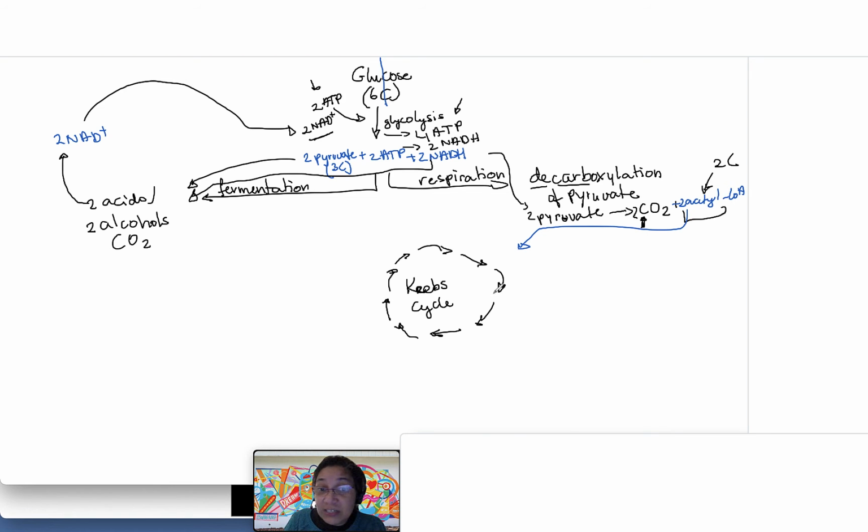For each acetyl-CoA, we're going to get two carbons out of it. And we had 2 acetyl-CoA, so we're going to have 2 times 2 equals 4 carbons. And they're all going to come out in the form of carbon dioxide.